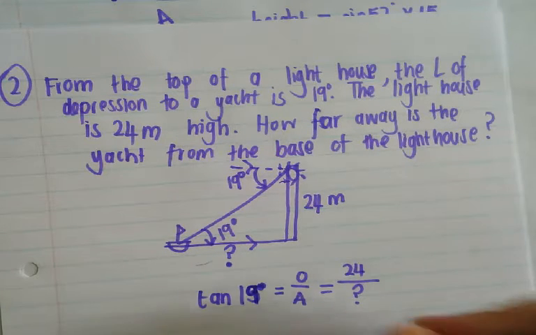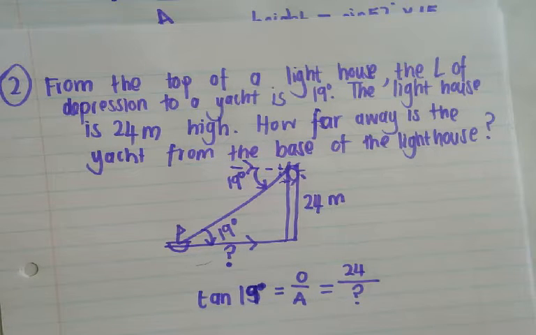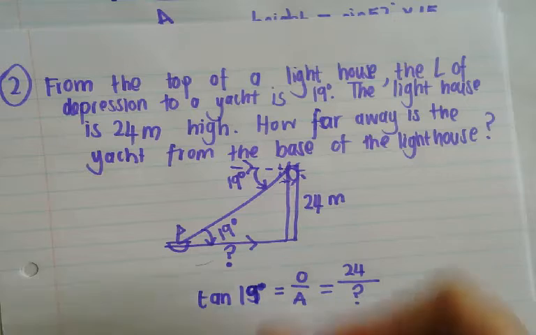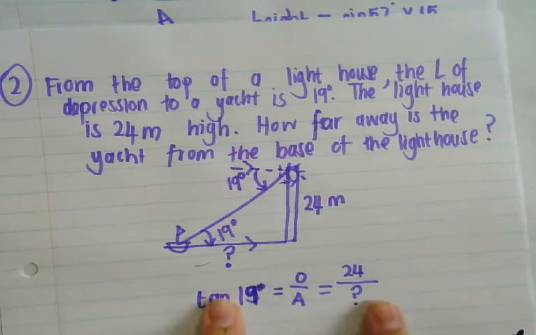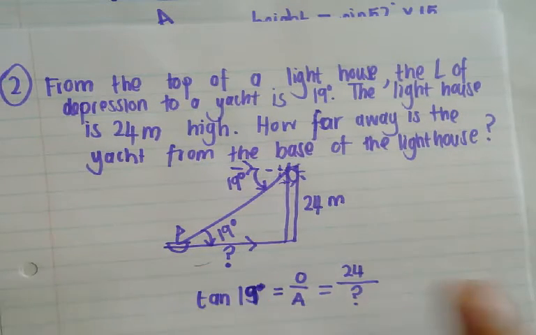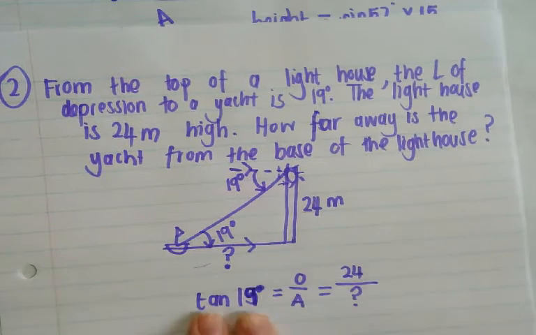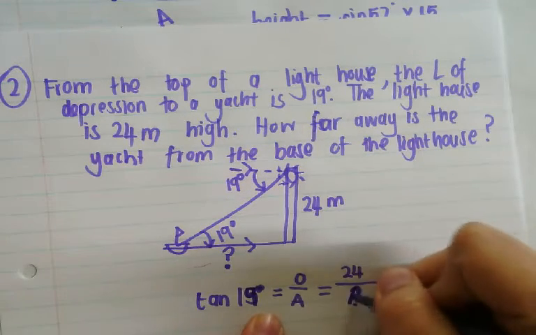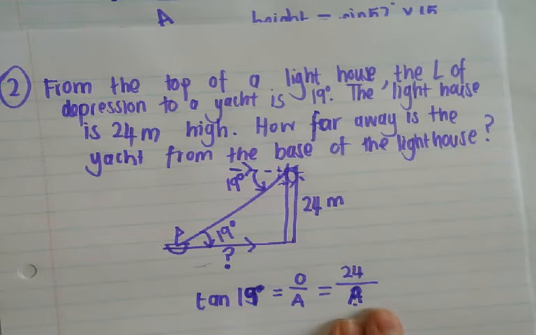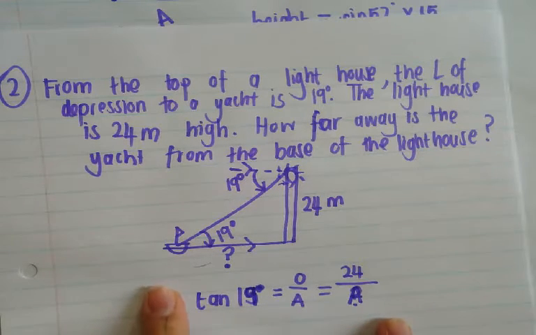So now I want to find my question mark. So what am I going to do? Essentially, I'm going to divide. Remember, I'm essentially swapping those two around, because tan 19 is equal to 24 over my adjacent. I want adjacent by itself, so I'm going to take it over and times.